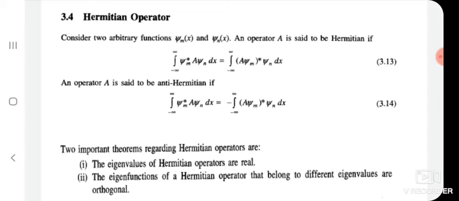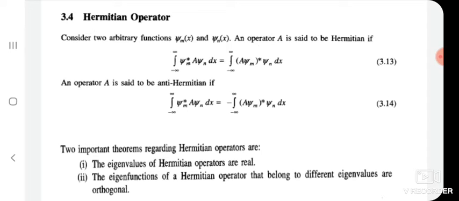If one operator operates on one function, which is equal to it operating on another function, then both sides are same. Initially, the Hermitian operator operates on psi n. On the right hand side, it operates on psi star m. If both sides are same, that operator is said to be Hermitian.